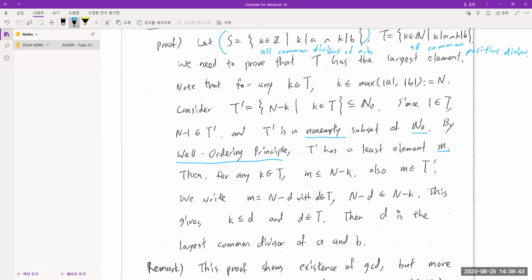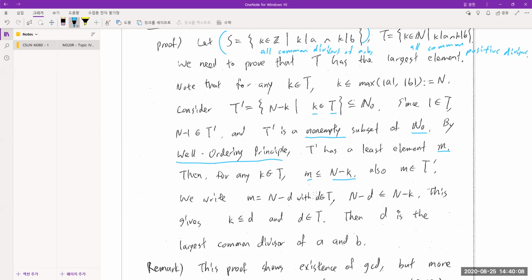Least element means the smallest element in the set T prime. So we have that for any k in T, m is less than or equal to N minus k, and also m belongs to T prime. Okay, m is defined as the least element in T prime, so m must belong to T prime.